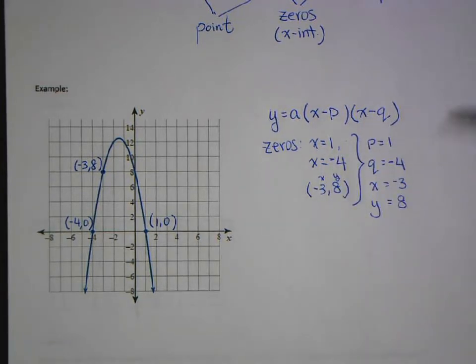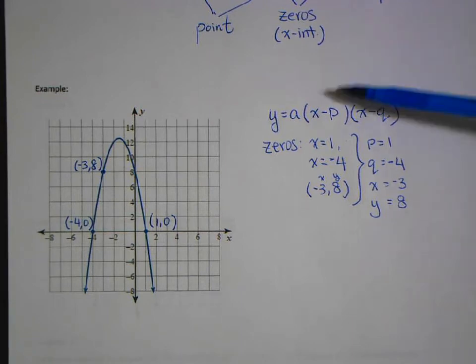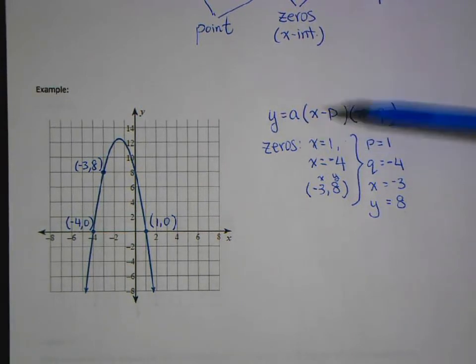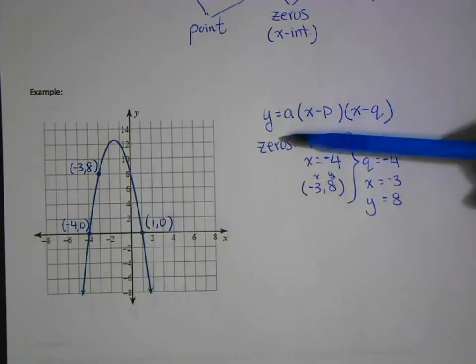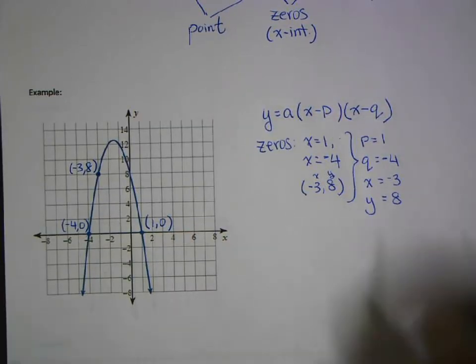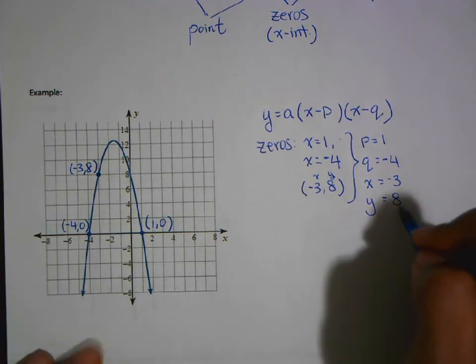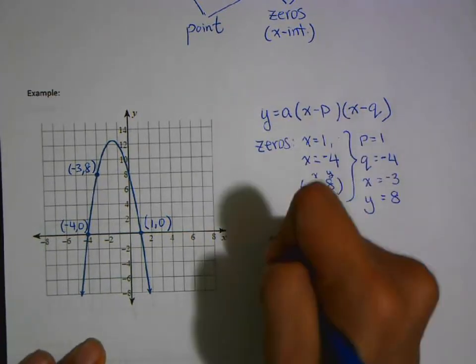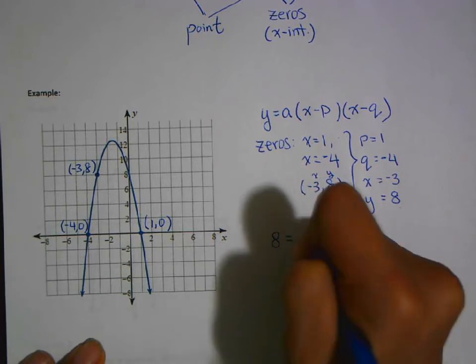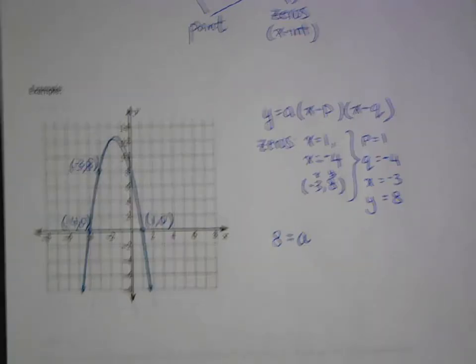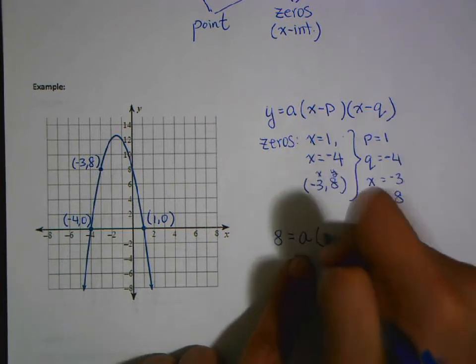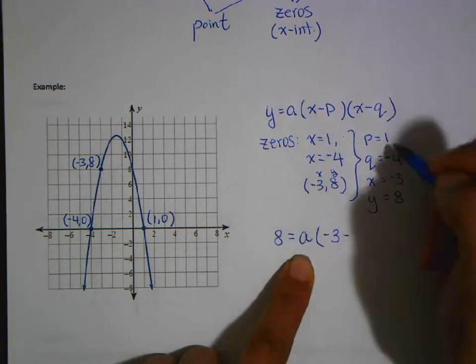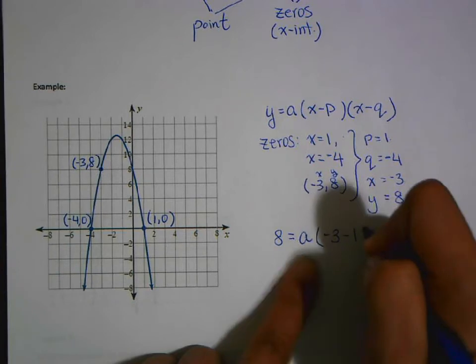Taking these four numbers, I can now plug them into y, x minus p, and x minus q, leaving me with only the a to solve for. So let's plug this in. y is 8, so 8 equals, I don't know what a is, so a stays as a. Parentheses, x is -3, so -3 minus p, which is 1: (-3 minus 1).